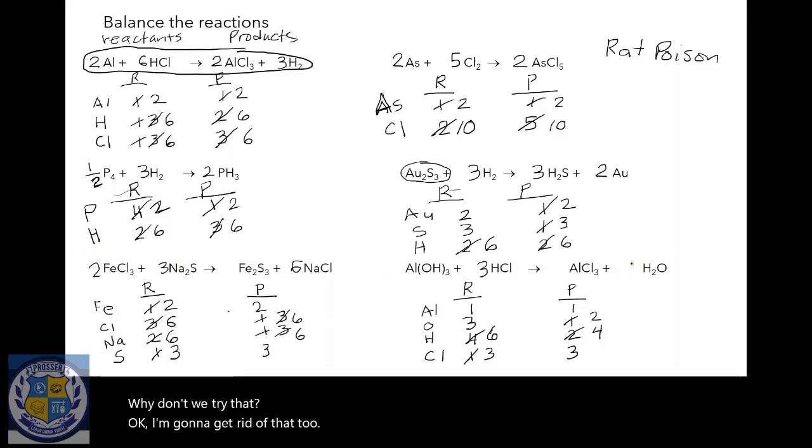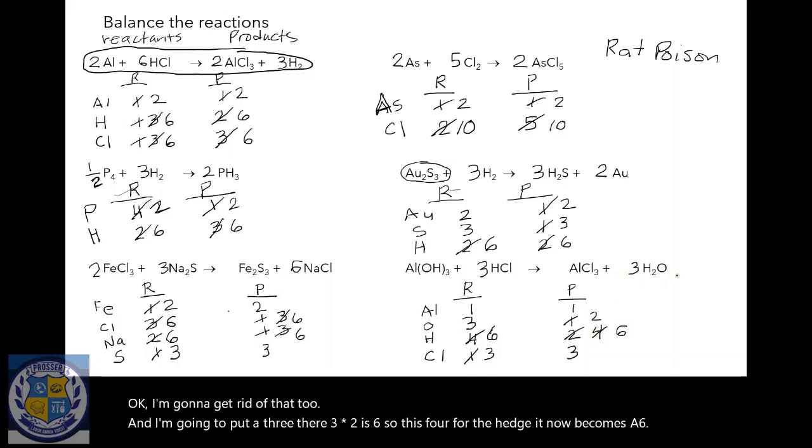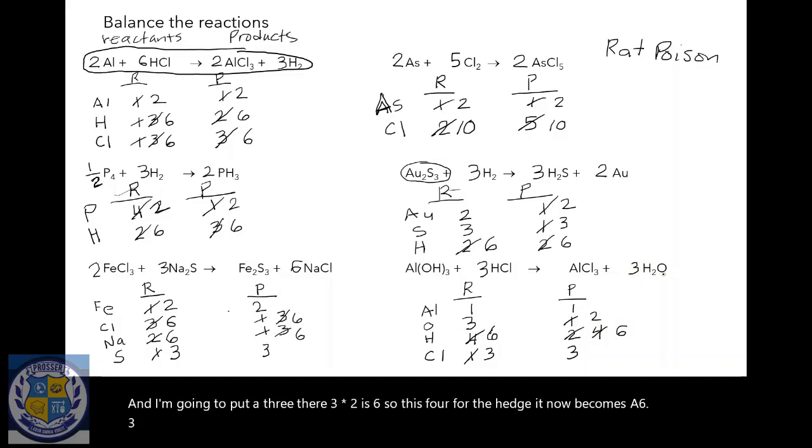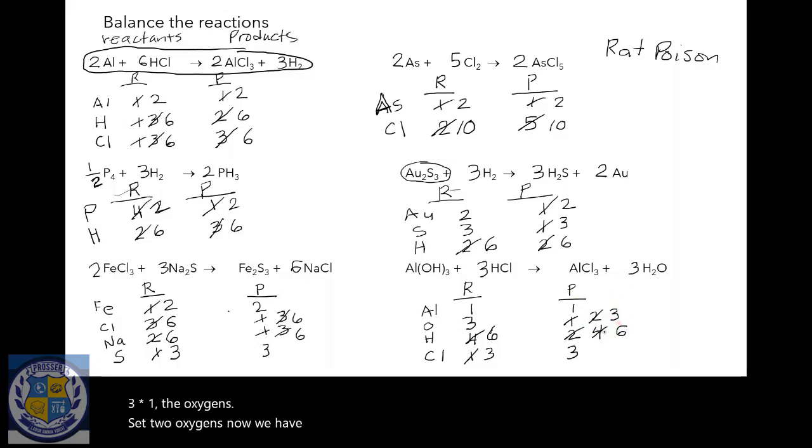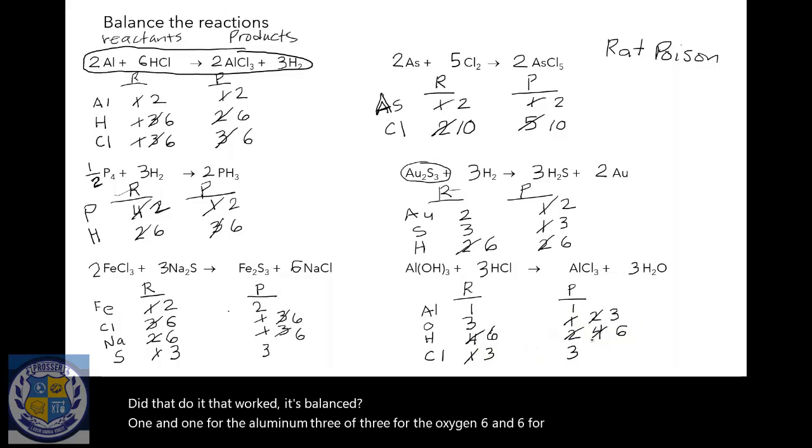And I'm going to put a 3 there. 3 times 2 is 6, so this 4 for the hydrogen now becomes a 6. 3 times 1, the oxygens. Instead of 2 oxygens, now we have 3 oxygens. Did that do it? Yeah, that worked. It's balanced. 1 and 1 for the aluminum, 3 and 3 for the oxygen, 6 and 6 for the hydrogen, 3 and 3 for the chlorine.